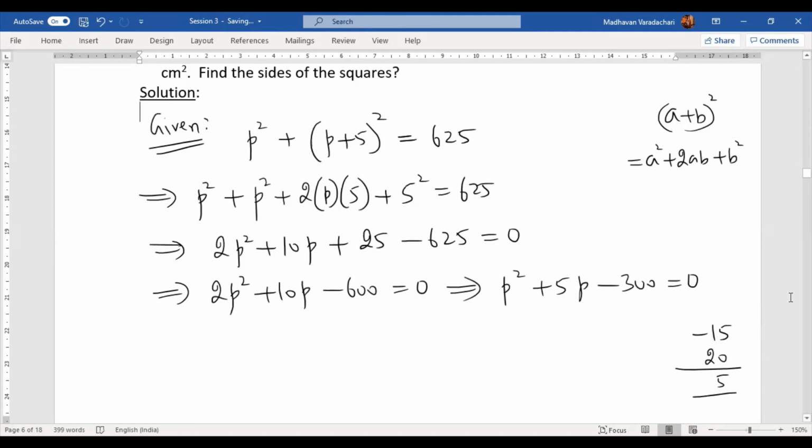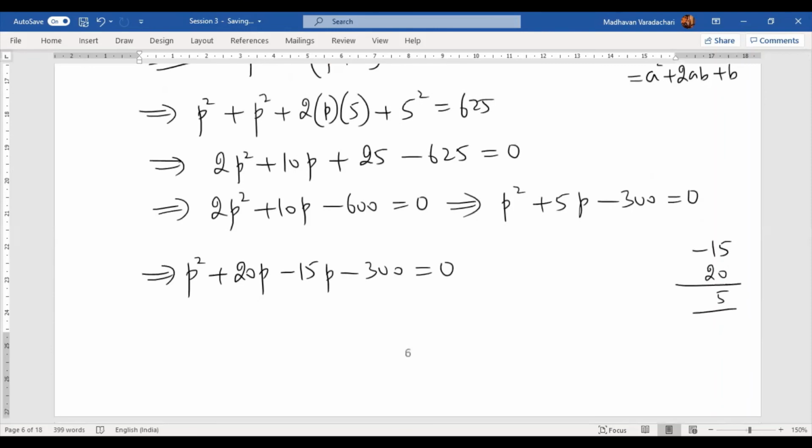So I can rewrite this as p square plus 20 times p minus 15 times p minus 300 equal to 0. Let me just circle this. This is just so I could identify it.